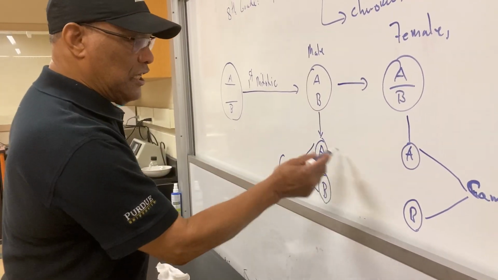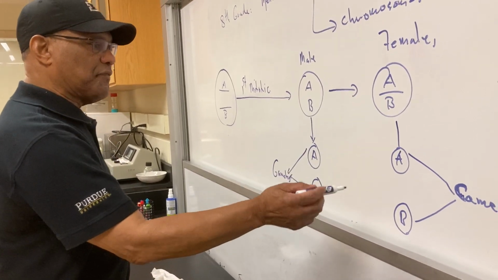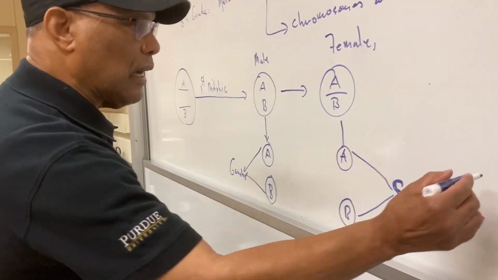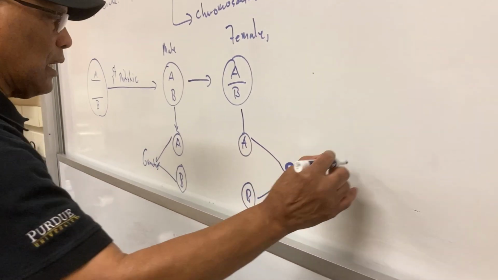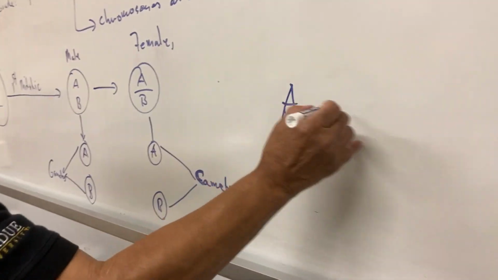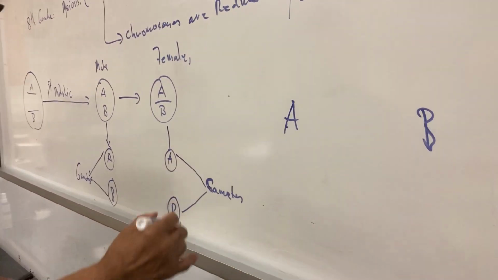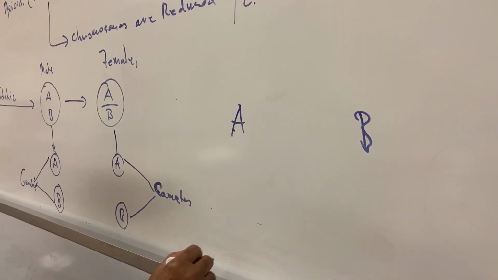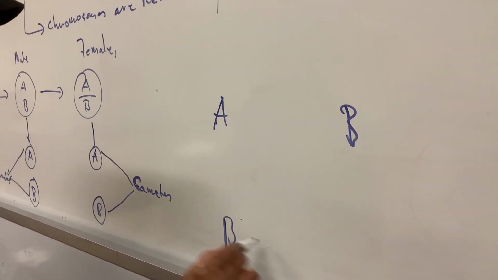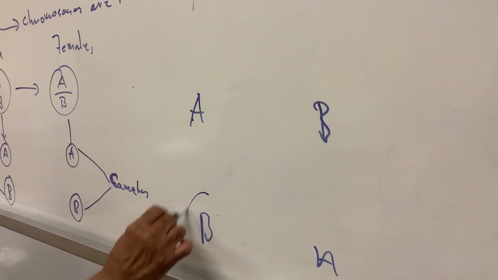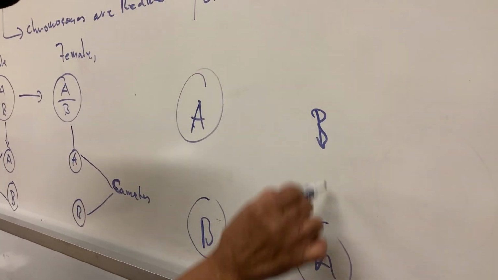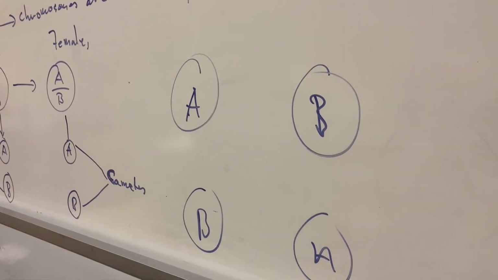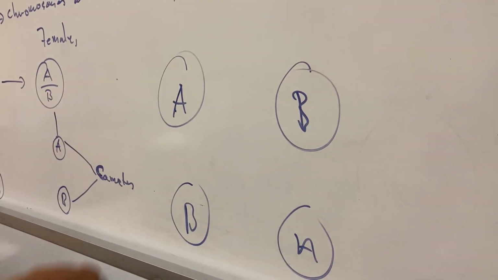So these cells now could then combine. These are gametes. So you can get, for example, these A, B, and then you have BA, individual gametes. You could form a new organism by any combination of this.